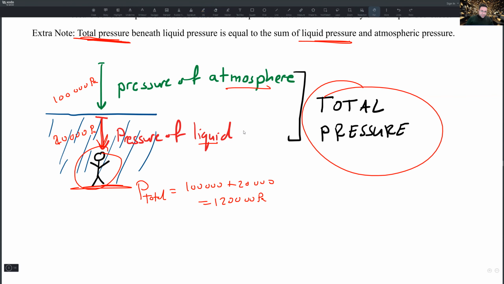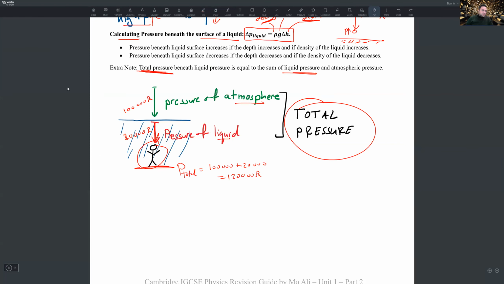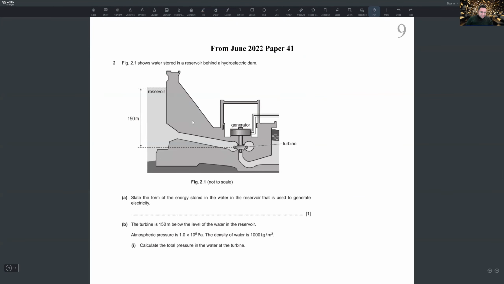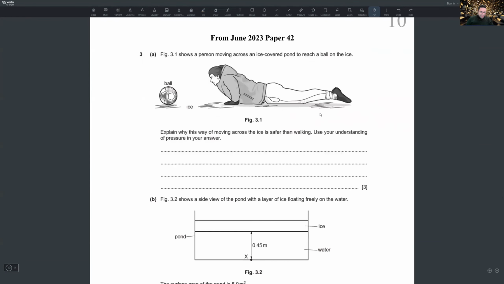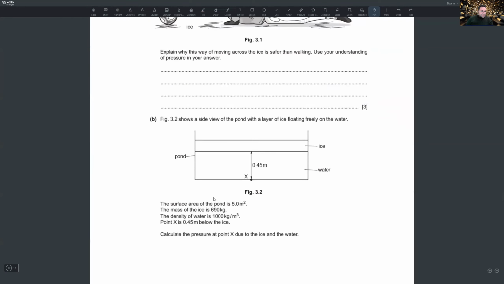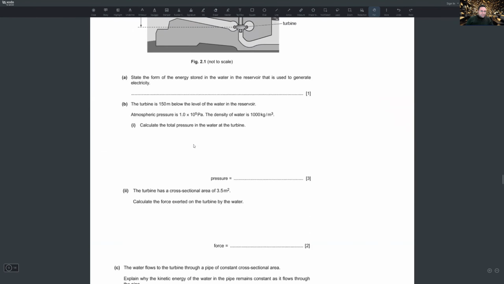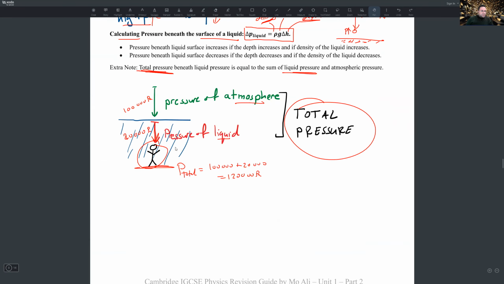So please keep that in mind واحنا بنحل مسائل if he ever asks for total مش بس liquid pressure وخلاص. Let's solve a couple of questions and as you can see this is a question about a generator صح؟ So a hydroelectric power station, a dam، هنتكلم على الدامز دي بعدين. atmospheric pressure plus liquid pressure يديك التوتال صح؟ Rearrange this formula as you wish بقى. أنا ممكن في مسألة أديك التوتال.